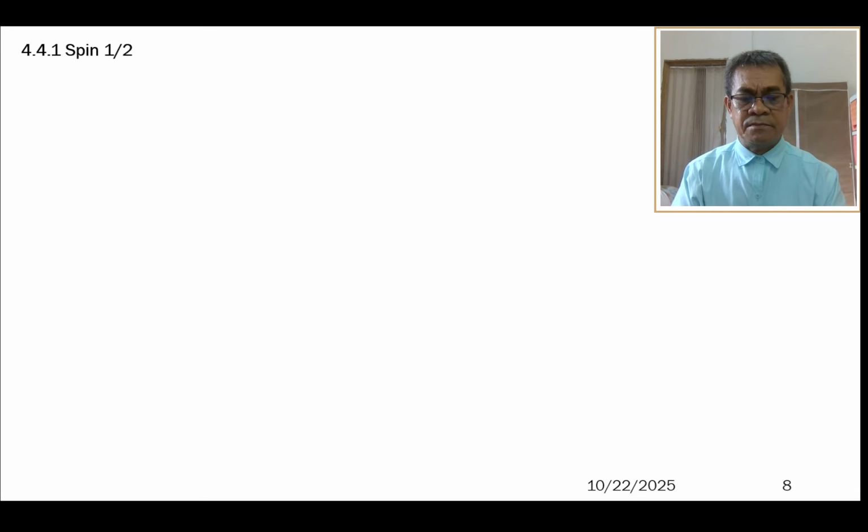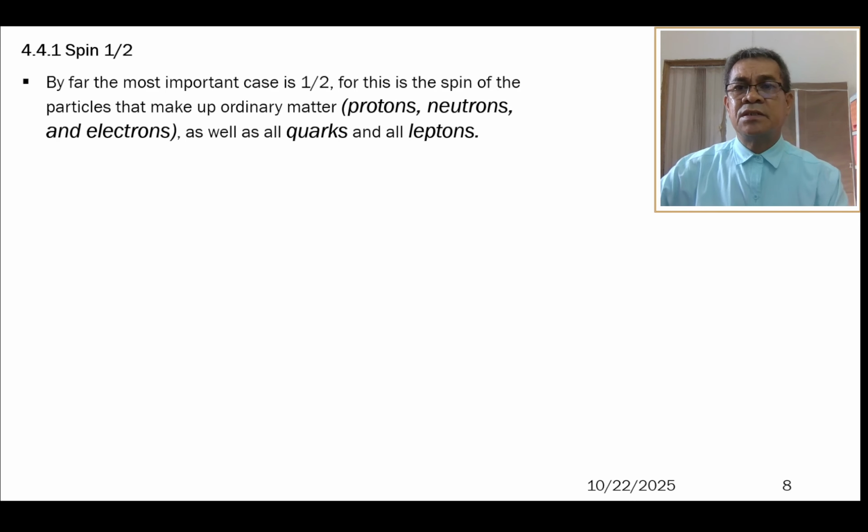Why spin one half? Why do we focus on the one half spin? The reason is that this spin is actually common to ordinary matter like protons, neutrons, electrons, as well as quarks and all leptons.